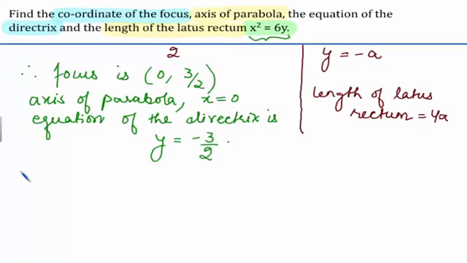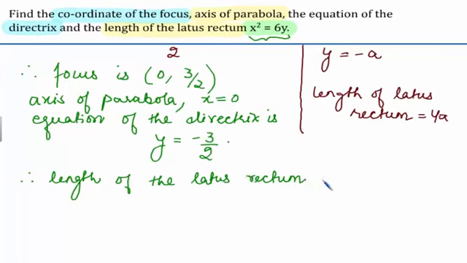Therefore, in this case, the length of the latus rectum is 4 into a, that is 4 into 3 upon 2.